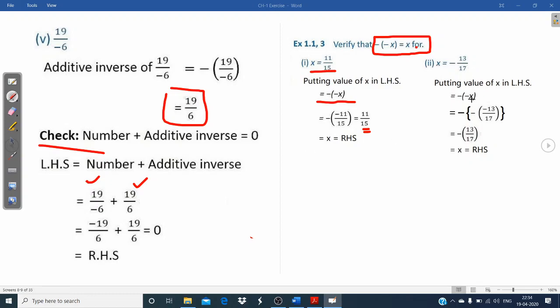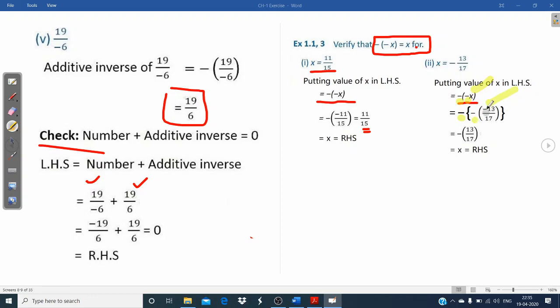Similarly, in the second part, again we will consider LHS, minus of minus x. So this first minus is as it is, and the minus after the bracket will also be as it is. This is your first minus, and after the bracket the second minus. Now what is the value of x? Minus 13 upon 17. So instead of x, we have put this value, minus 13 upon 17.